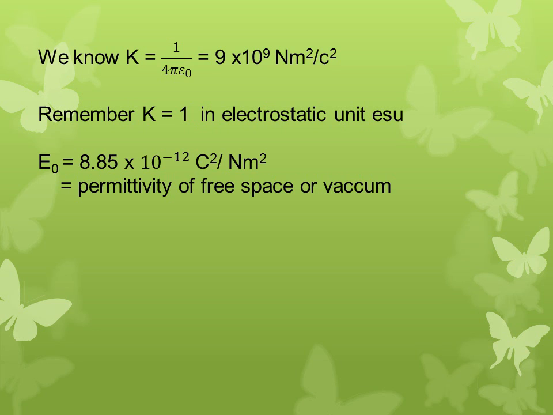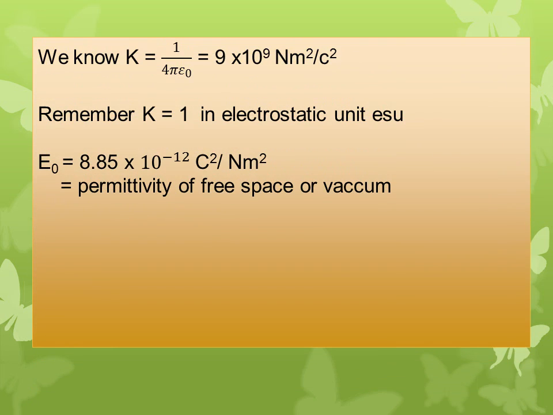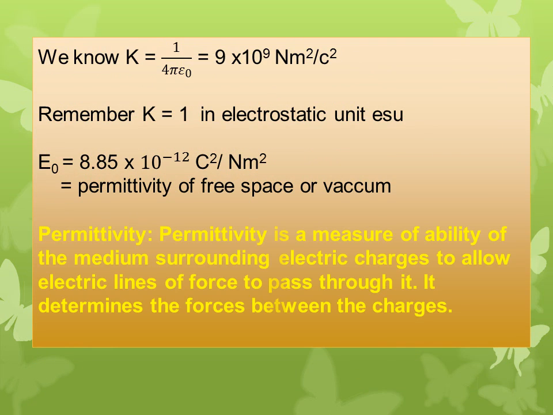Now what do we mean by permittivity? Let me explain in detail. Permittivity is the measure of the ability of the medium surrounding electric charges to allow electric lines of force to pass through it.